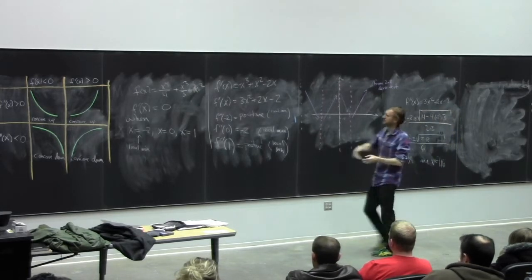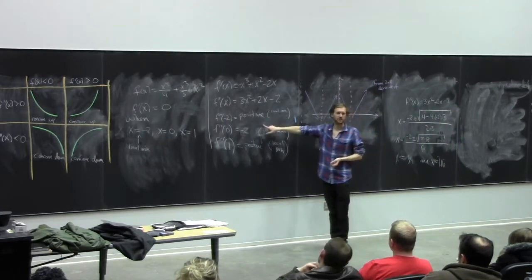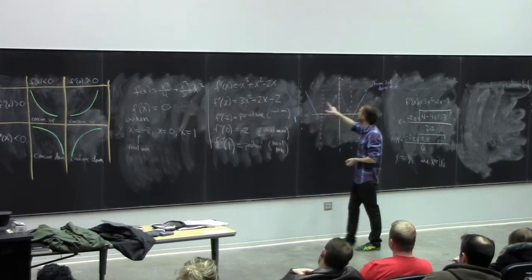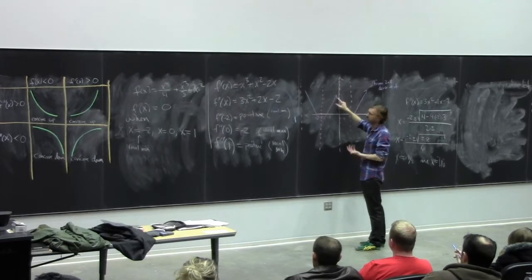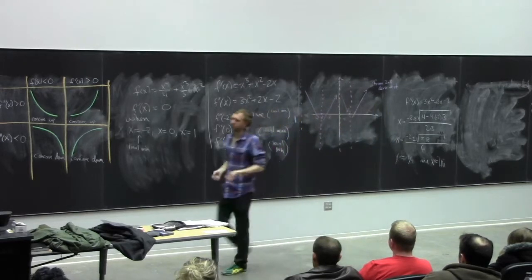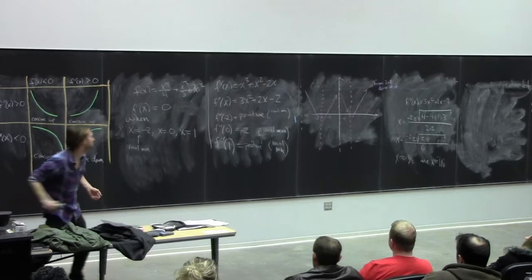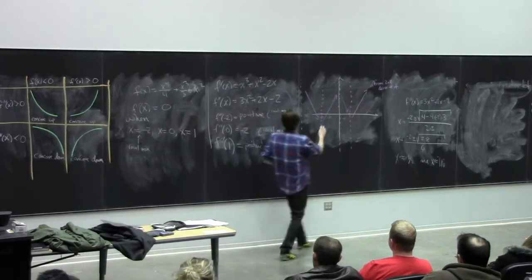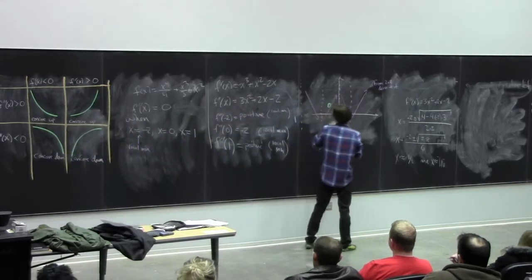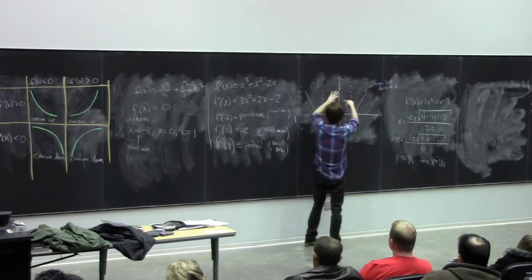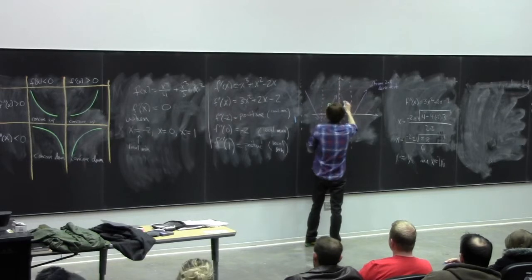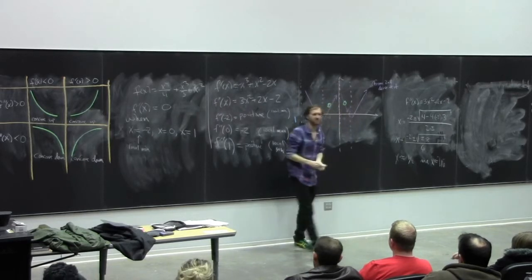The sign of the second derivative at negative 2 is positive, right? And the sign of the second derivative here is negative. So yeah, there's going to be an inflection point right here. We found where it is 0. If we had better numbers, there's going to be an inflection point here. And here it's negative, and here it's positive. And so these are the only choices for inflection points.